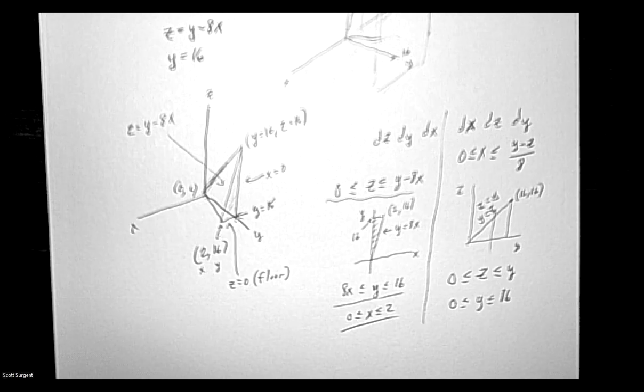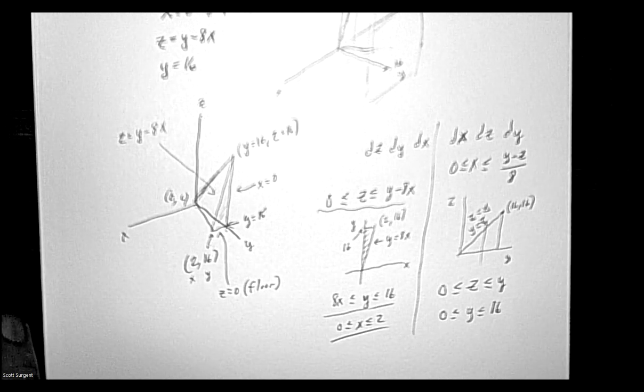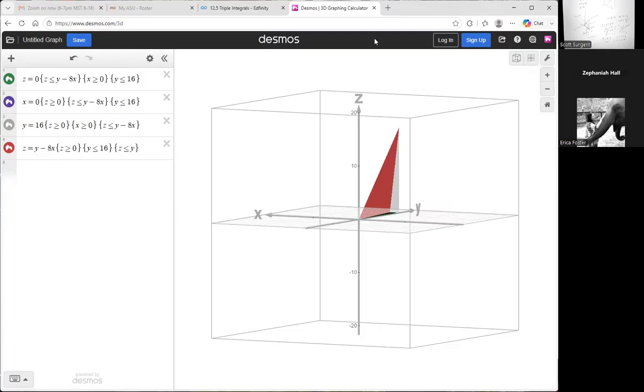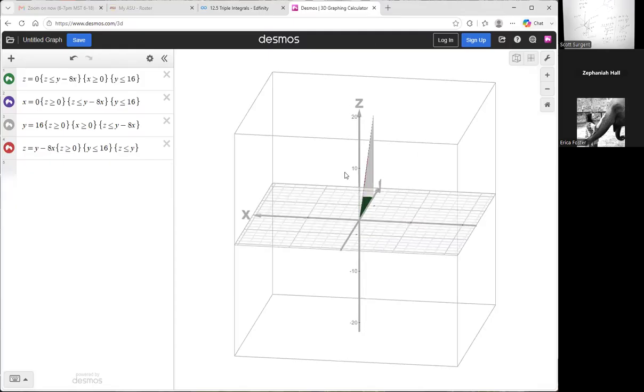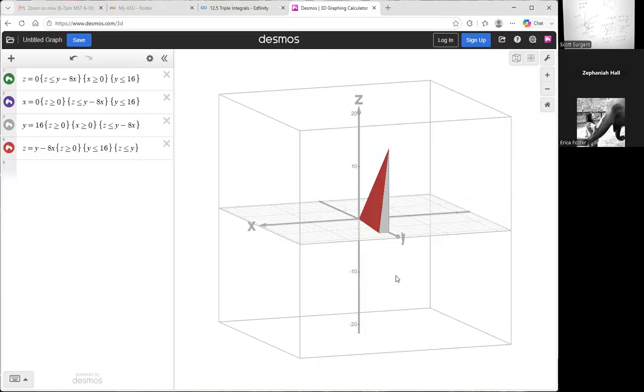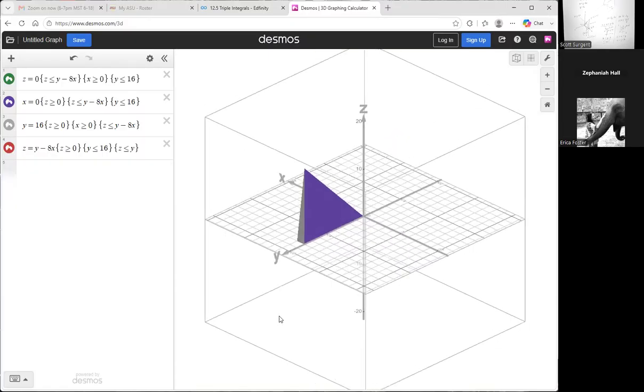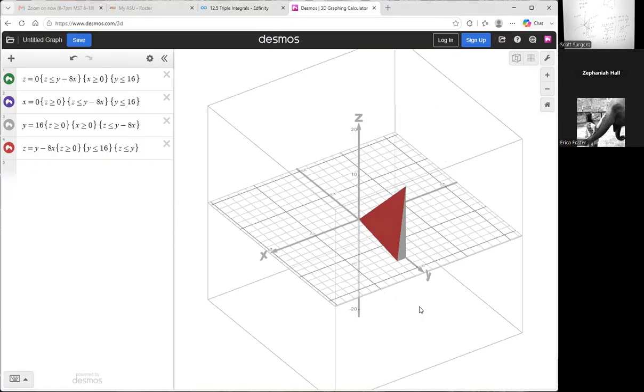Does that help? Yes. Let me go back to the picture here. Once you've got the picture drawn, you can play with the orientation to see it better.